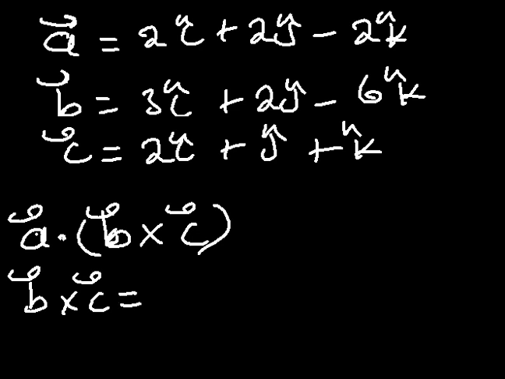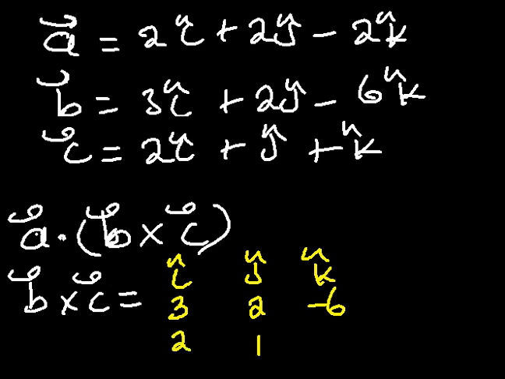That will be equal to the cross product of the two vectors, and I understand how to operate it. That is i, j, and k. For vector B we have 3, 2, negative 6. In vector C we have 2, 1, 1.